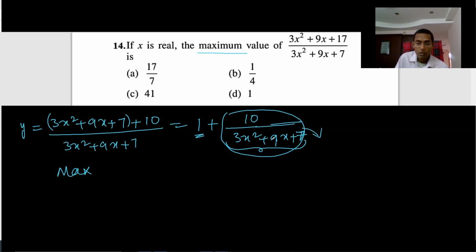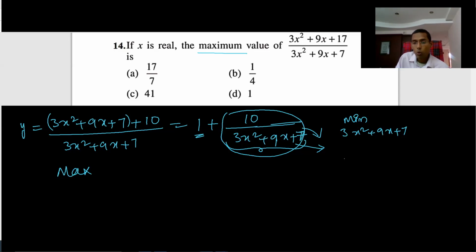If the denominator is as minimum as possible, the whole thing becomes maximum. So now we know how to find the minimum value of this denominator. If we make 3x square plus 9x plus 7 minimum, this whole thing will become maximum. That's what you need to understand.